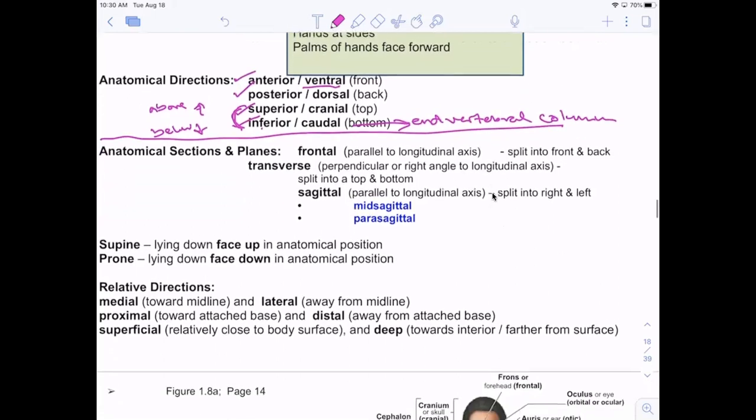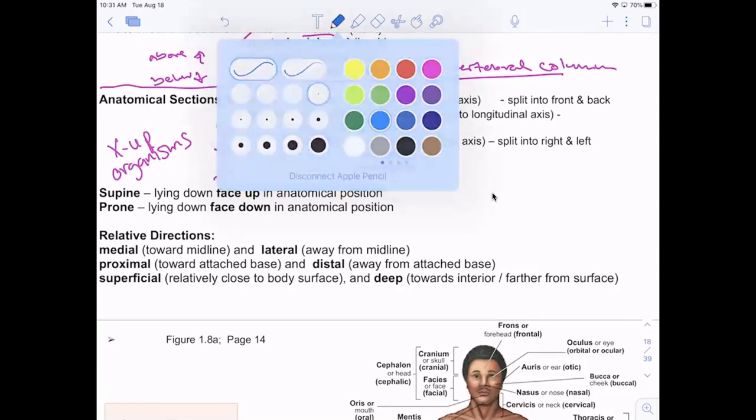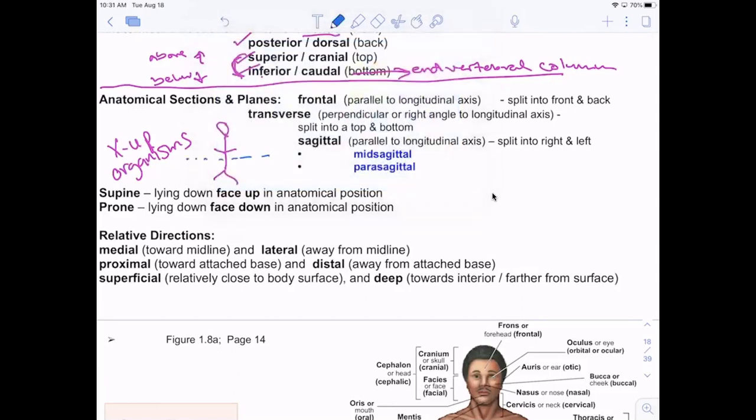Okay, so sections and planes, this is how we cut things up. So cut up organisms, right? So there are 3 planes. So if you have an organism, here's my stick figure because I really am not a good drawer. I can cut this person into a superior half and an inferior half.